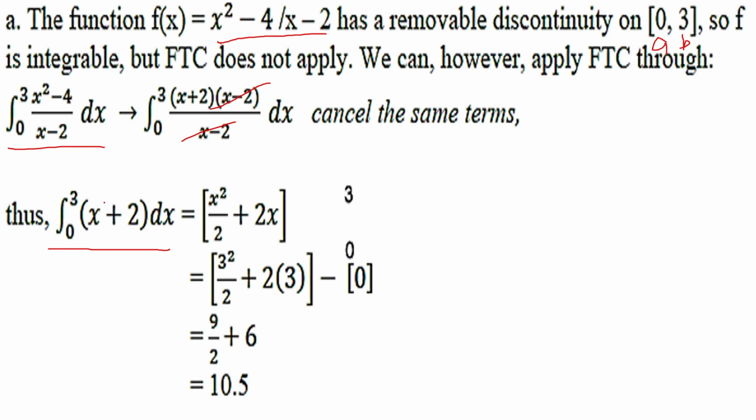You have 1, you have plus 1. So it will be x squared over 2 plus 2x, over the vertical bar notation from 0 to 3. Okay?